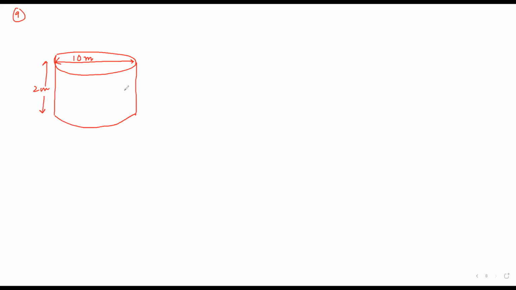A farmer connects a pipe. So basically, from some canal, some pipe is connected like this, to fill the water. If I draw the pipe separately, the pipe will also be in the shape of a cylinder, clear? Yes, ma'am. So the pipe has internal diameter 20 centimeter. There's a difference in unit, centimeter and meter.